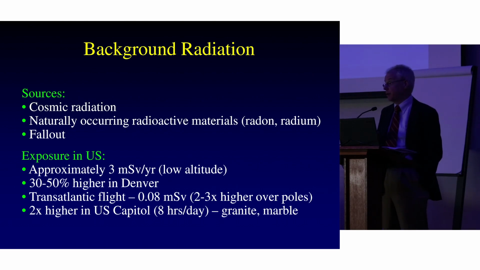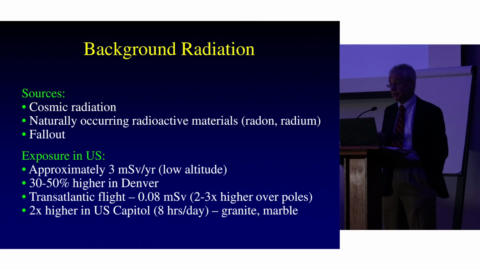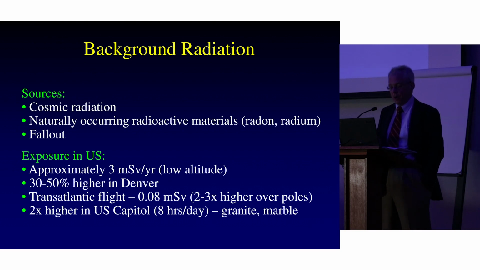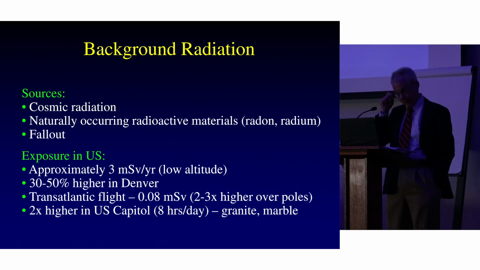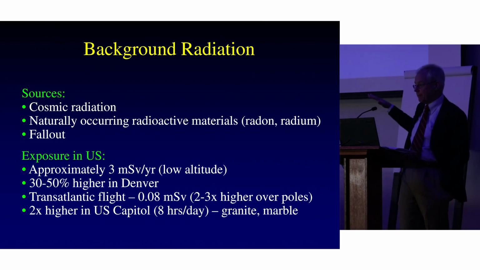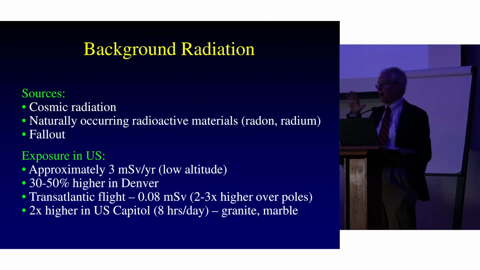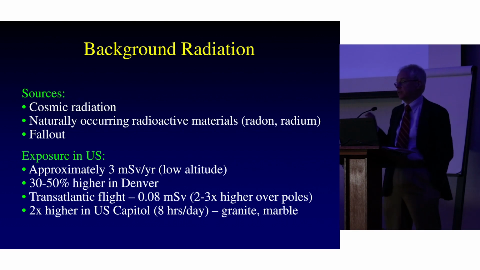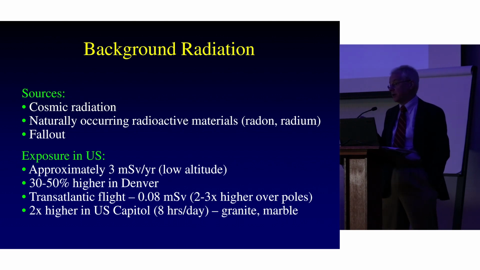I mean, where I live, radon coming out of the ground is a big deal, and houses commonly have these little fan things in their basement to pump the radon out. Hopefully fallout will remain a small contributor to this, but overall average background radiation exposure in the United States is about 3 millisieverts per year. So remember I said how a CT scan these days is around 10.